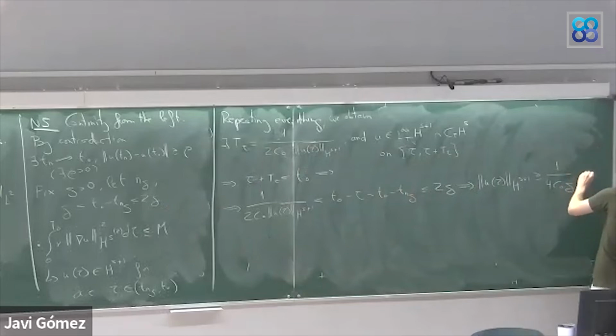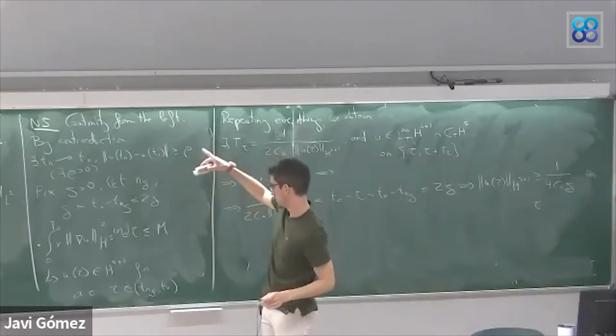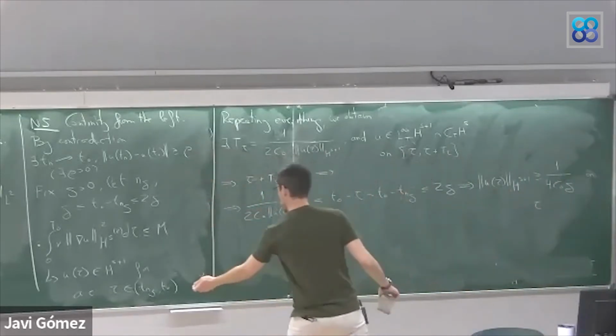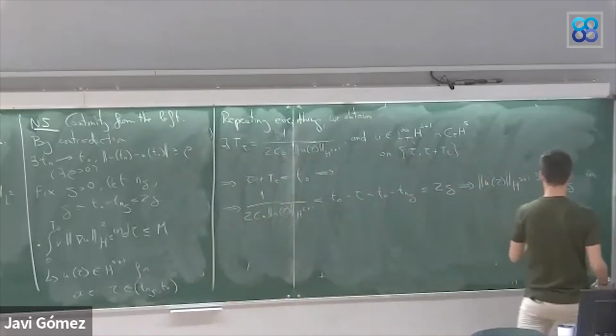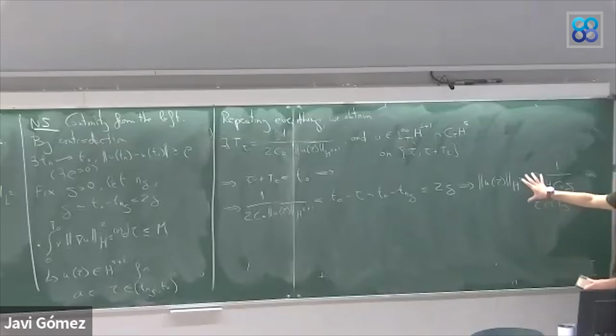And this is true for this tau set here. And we conclude here by using the Chebyshev inequality. So this is true on this interval, but now we know the length.